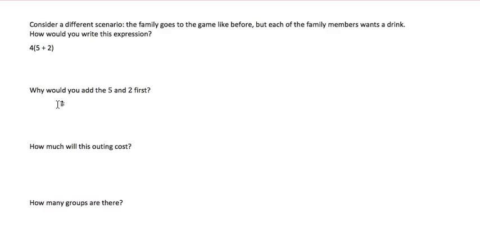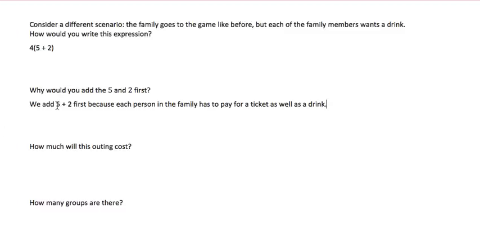Now, why would we add the 5 and 2 first? We add 5 plus 2 first because each person in the family has to pay for a ticket as well as a drink.